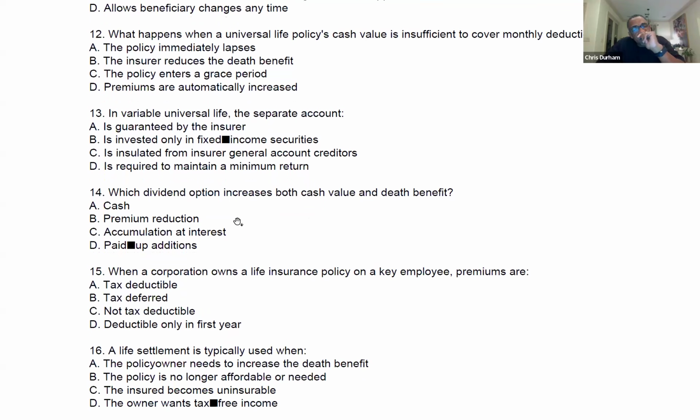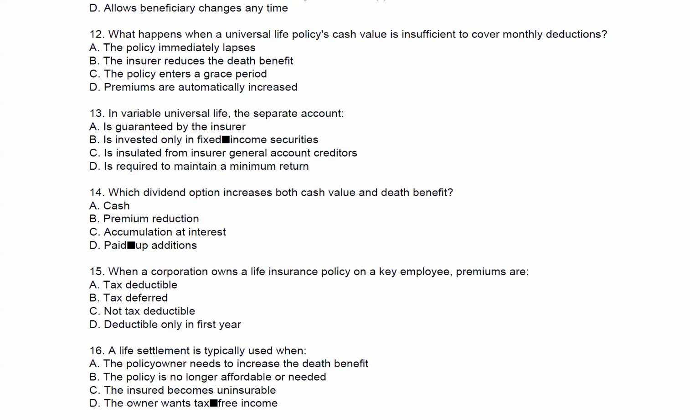All right, next. 13. In variable universal life, the separate account is A, guaranteed by the insurer. B, invested only in fixed income securities. C, insulated from the insurer's general account creditors. D, required to maintain a minimum return.